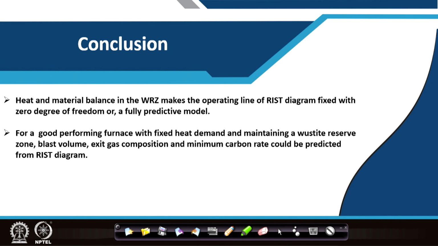So the conclusion is that the heat and material balance of the Wüstite reserve zone makes the operating line of the Rist diagram fixed, with 0 degrees of freedom and a fully predictive model. Fully predictive model means the line has 2 points, and 2 points make a straight line fixed.